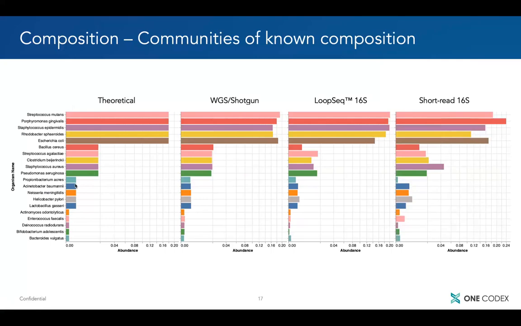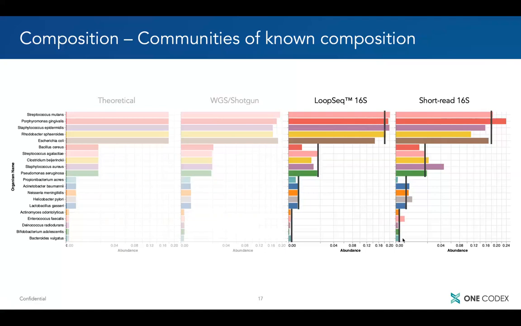When we look at short read 16S, this is where things start to look a little bit messier, right? You start to have kind of a bleeding effect between some of these individual tiers. It's not immediately clear, if you were just eyeballing the rightmost chart and you saw this pink bar down here, was that supposed to be at the lowest input amount or the second lowest input amount? Similarly, this blue bar is significantly below a bunch of the things that are supposed to be at the lowest input amount.